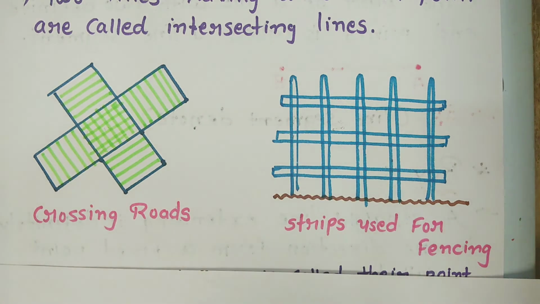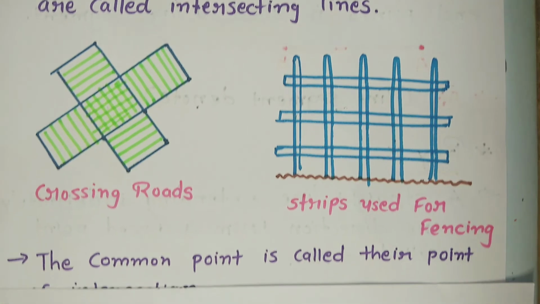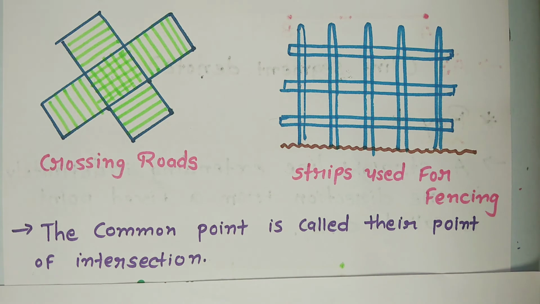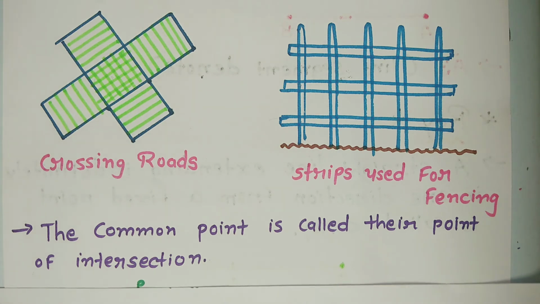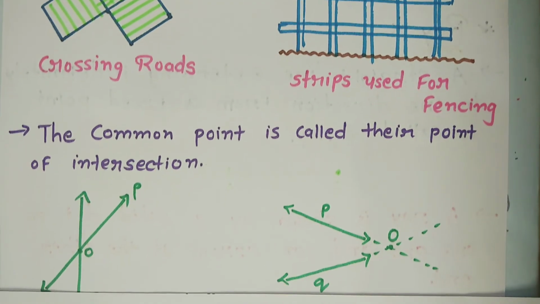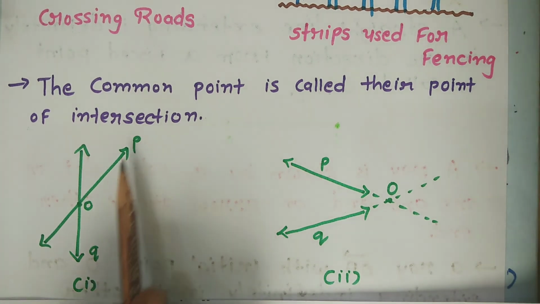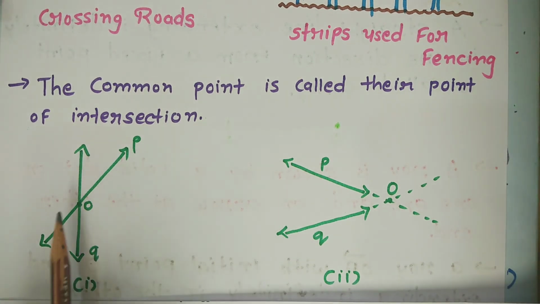When two lines meet at one point, that point is known as the intersecting point and those lines are known as the intersecting lines. The common point is their point of intersection. What will we call the common point? Point of intersection. So here you can see the two examples.